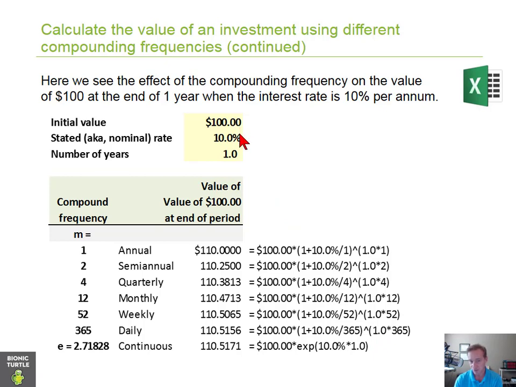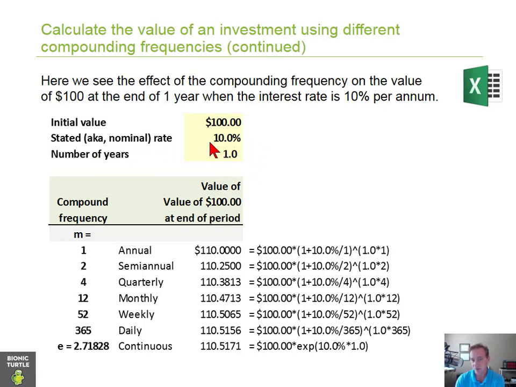But if we have an initial value of 100 and our stated rate is 10% per annum, and by the way, that's how we express interest rates. It's very rare that we deviate from that. Interest rates are expressed, including in exam questions, as per annum. So this is 10% per annum. I don't have the per annum here, but unless otherwise specified, that's the assumption.